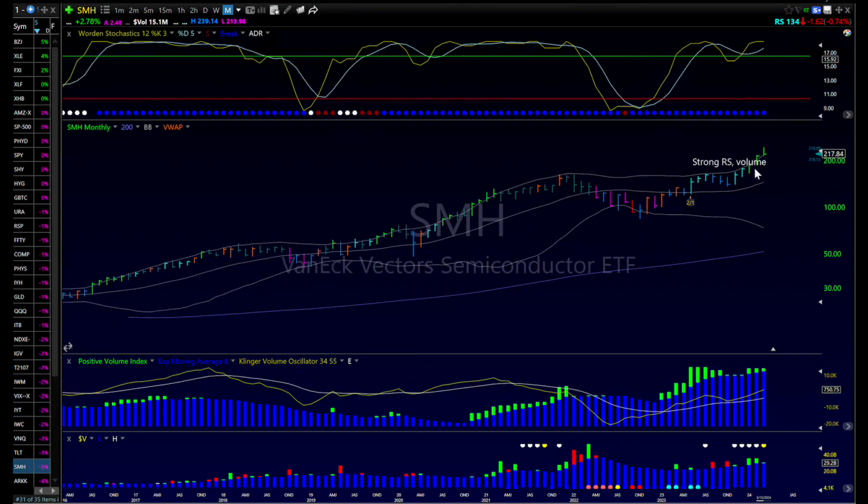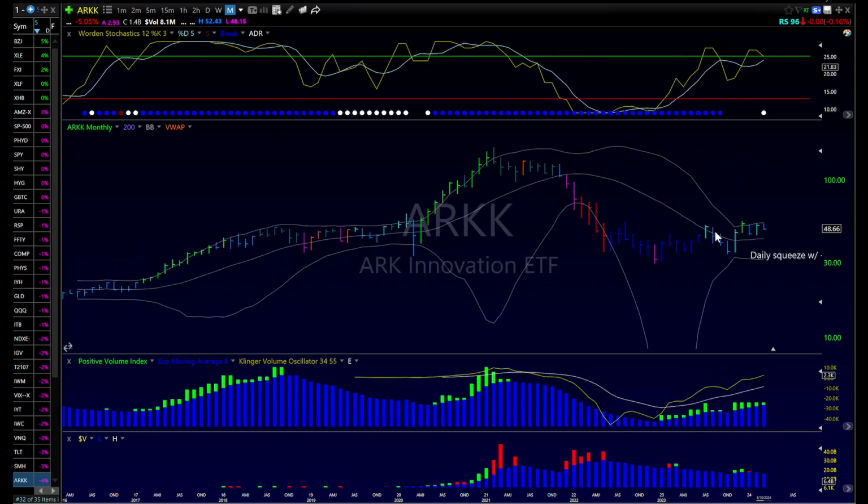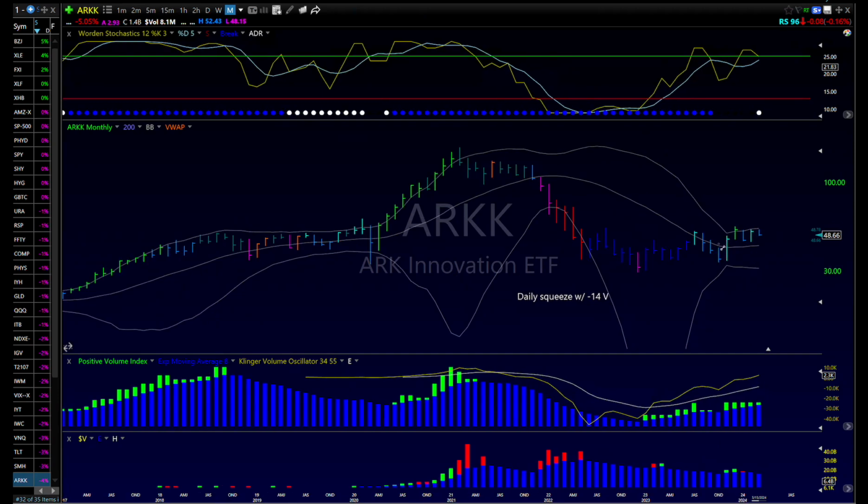Semiconductors. ARKX in this weekly squeeze, curling down. Still has volume coming in. Basically has this box right here.